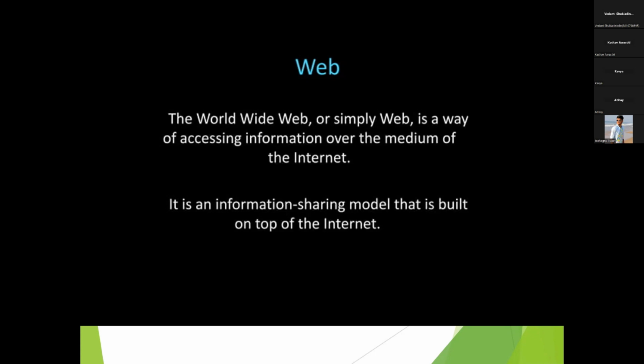Let me start again: the internet is a facility by which we can have access all over the world, and by means of that internet we are accessing the facilities of the World Wide Web, so that the files or the projects which I want to share with anyone, or access from anyone all over the world, that accessing part is done by the World Wide Web, and this facility is provided by the internet.